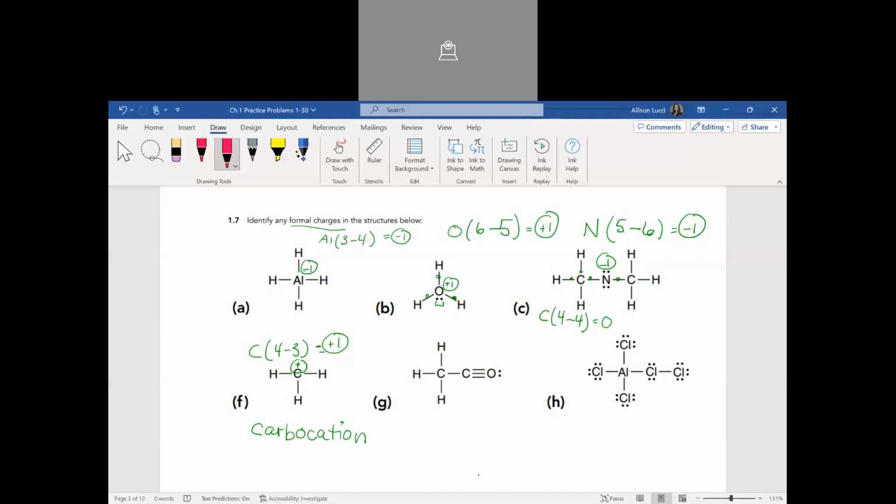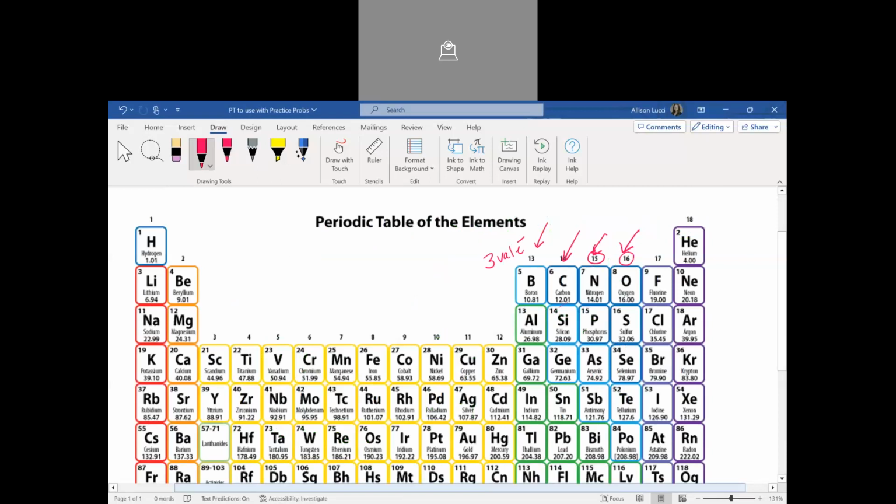Let's take a look at our molecule G here, and let's calculate some formal charges. Hydrogens all have 1 bond. They're neutral. This carbon has 4 bonds. This carbon has 4 bonds. That's definitely neutral. This oxygen has 3 bonds and 2 lone pairs. What should oxygen have? We haven't looked at that in a while. Oxygen is over here in group 6.